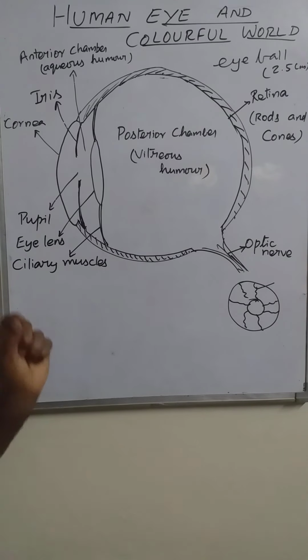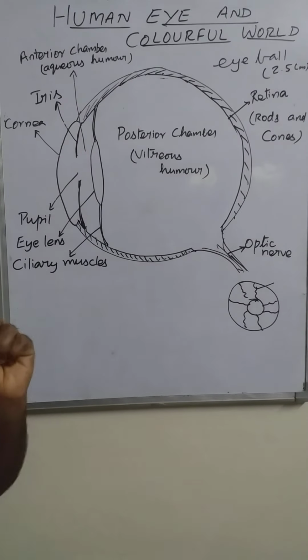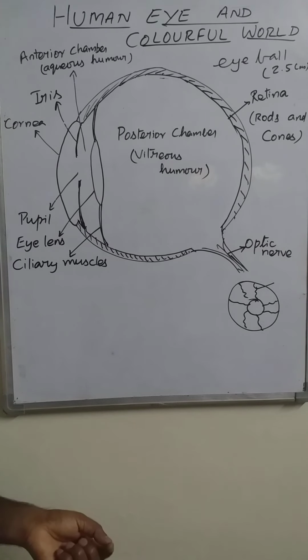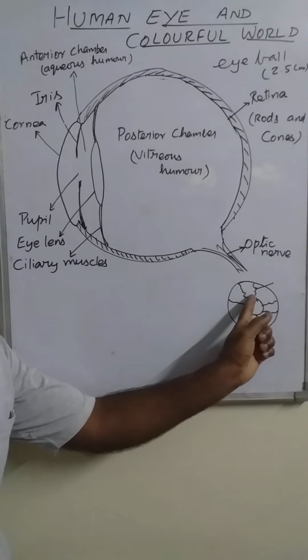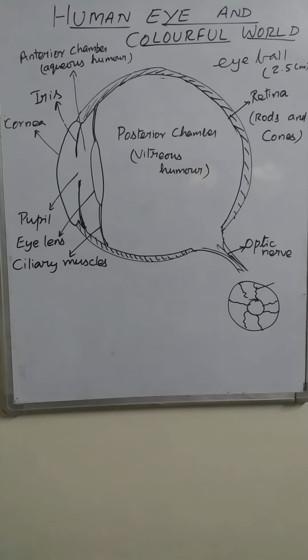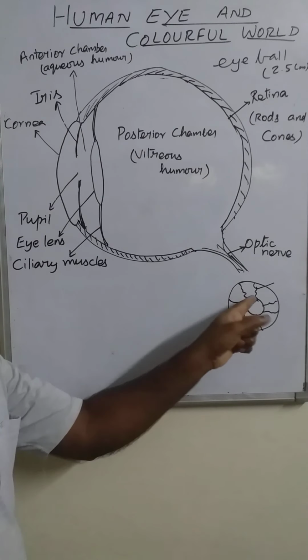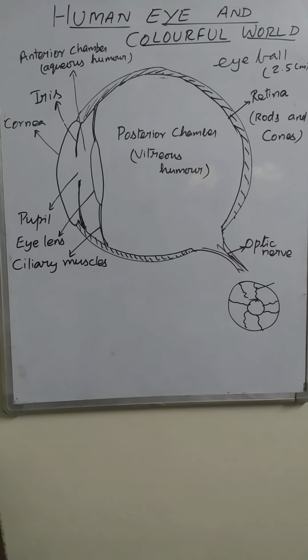The color of the iris is different for different persons, and the color is different region wise. In our country, most of the persons have black color, and with the color of the iris, the color of the eye is determined.